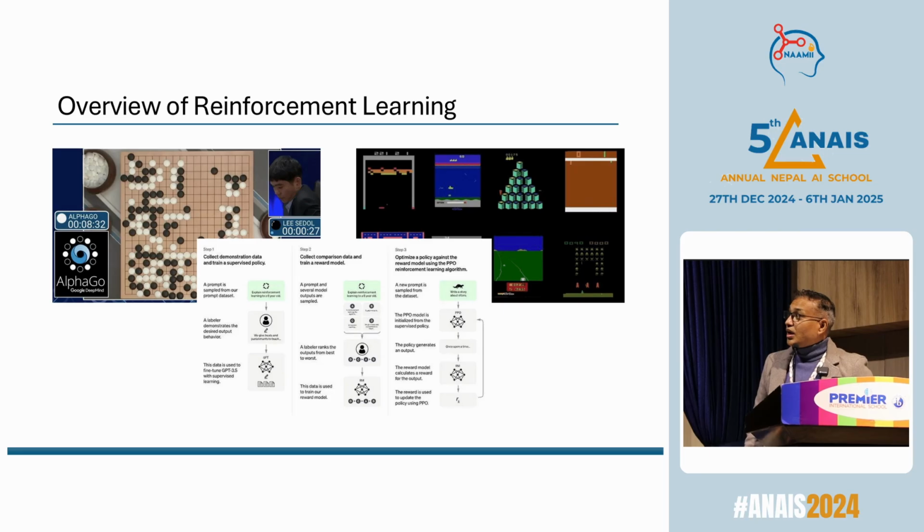So, let me give you one more example. This one is a very great example again. You'll see so many games here. These are all Atari games. There was a paper related to deep reinforcement learning where they developed RL algorithms to play all these games.